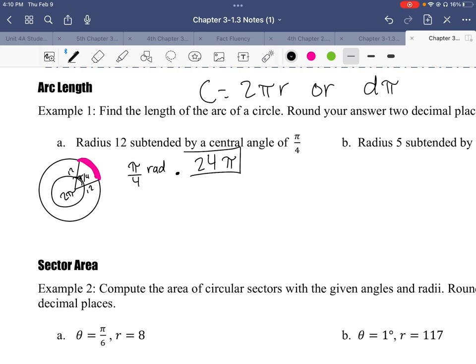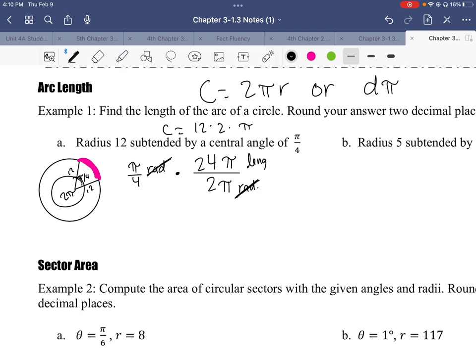Now I got the circumference of the circle by doing 2 pi r. So of course that's 12 times 2 times pi, 2 pi r, right? So 24 pi is the length or the circumference of the entire circle, and we know that 2 pi radians is also the entire circle. So what this does is it puts a radians on top over here and one down here so that they will cancel.